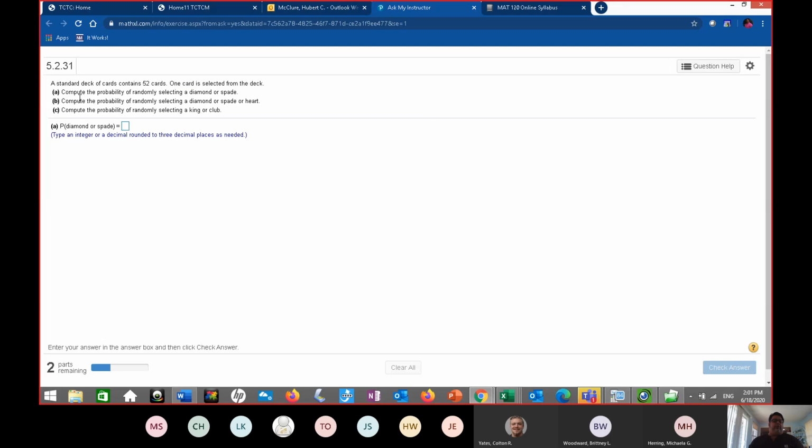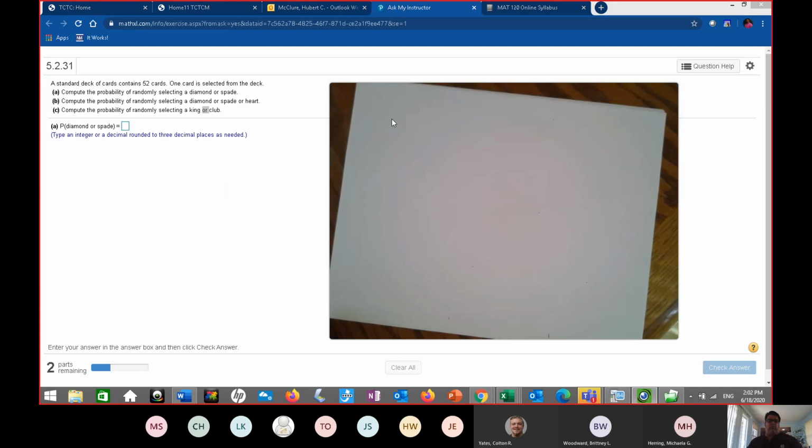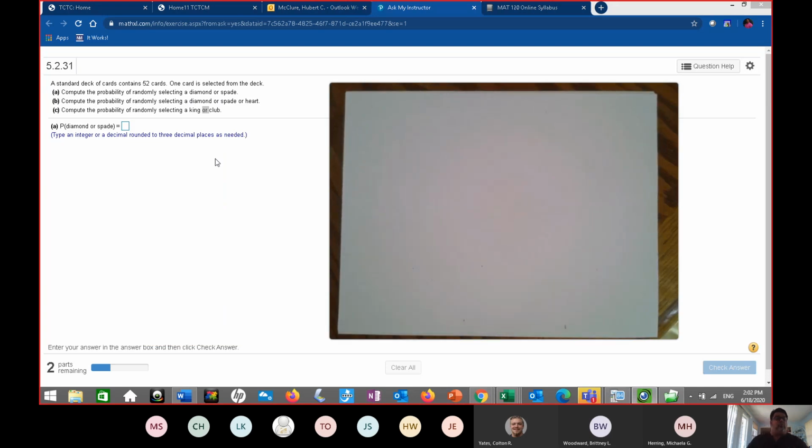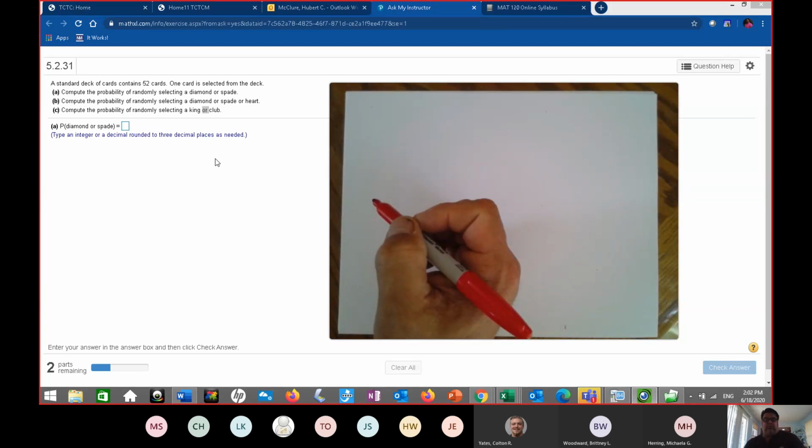All right. So what word are we using here? Or. Or means addition. The only thing you have to remember on addition is always subtract the what? The overlap. Always subtract the overlap. So here we go. How many diamonds are in a deck of cards?